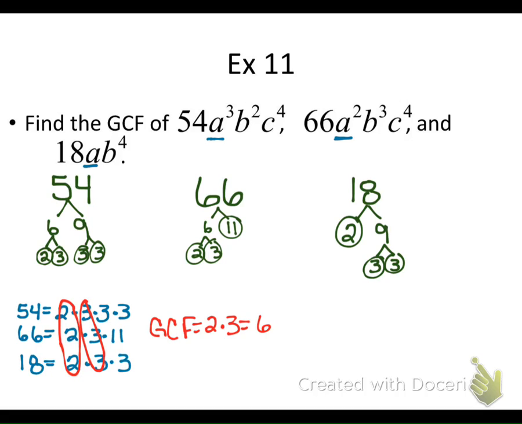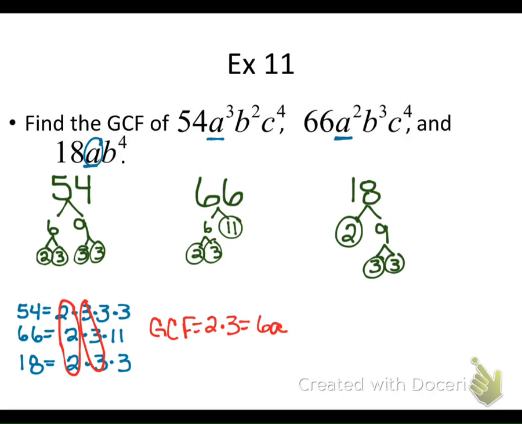Yes. So we have A to the third, A squared, and A. If an A is by itself, that's really A to the first power. So which one's smallest? A to the first. So my variable that comes down is A.